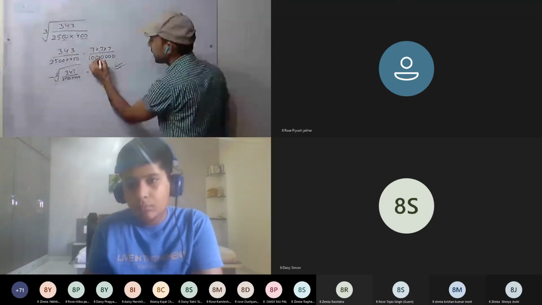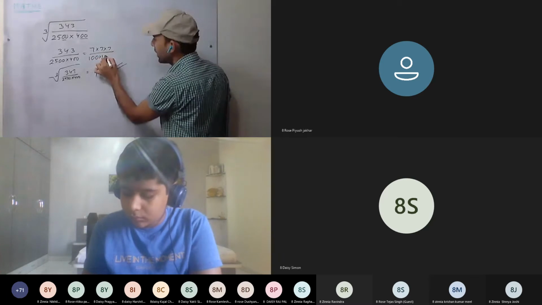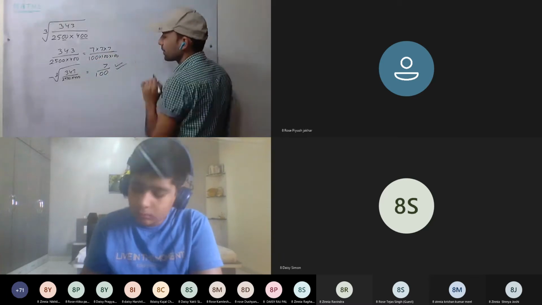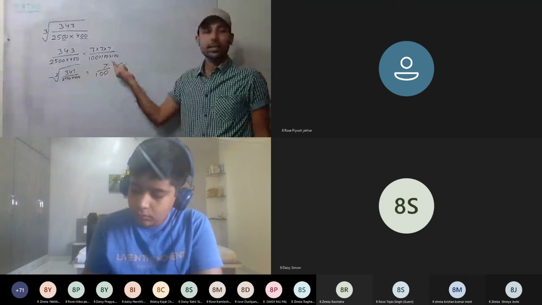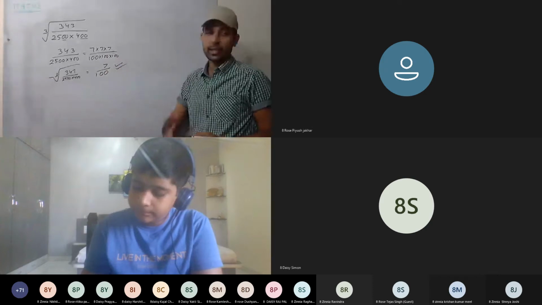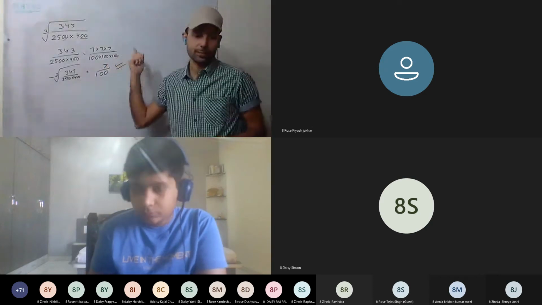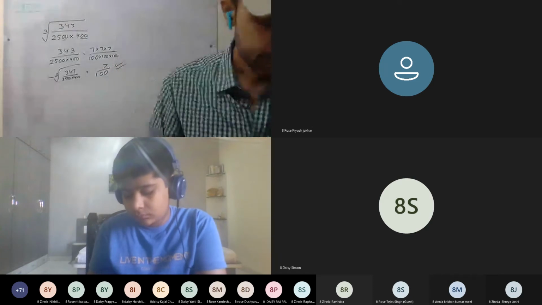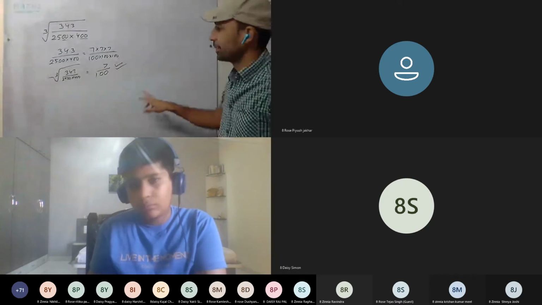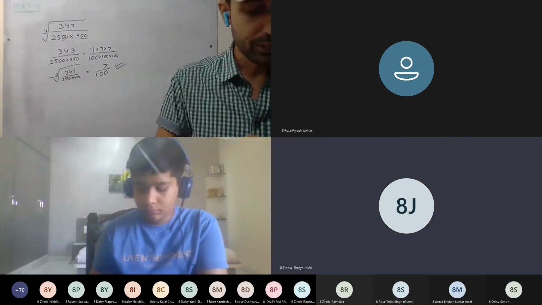So 10 lakh can be written as 100 into 100 into 100. This way also we can do, because either the prime factors or the factors. Is this clear? Yes, sir. Okay, do the next one.